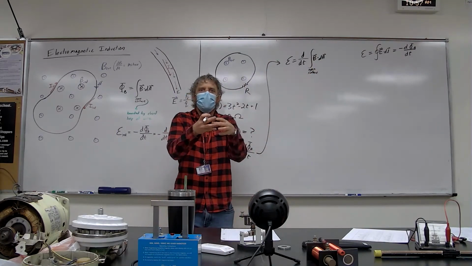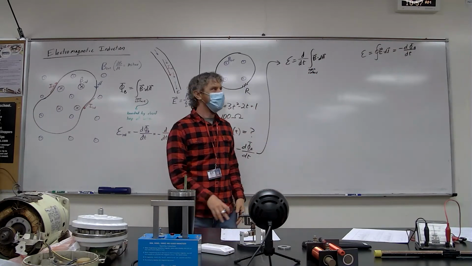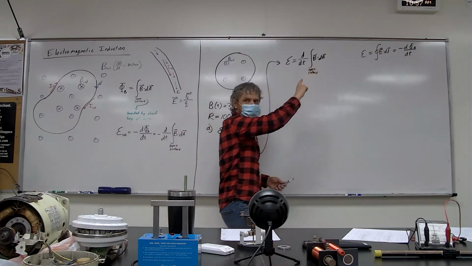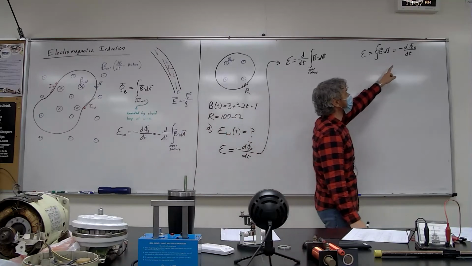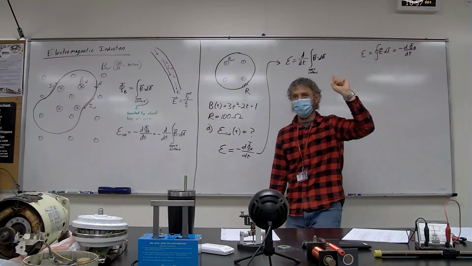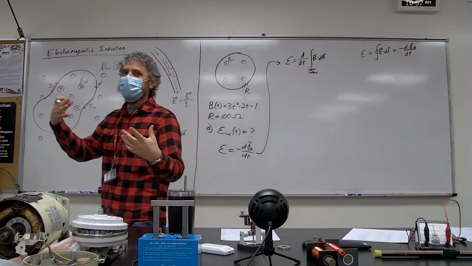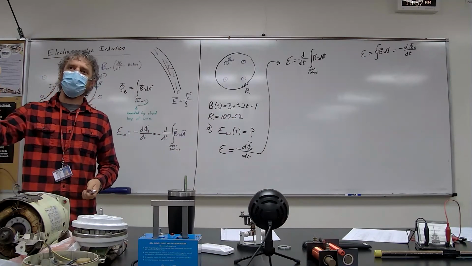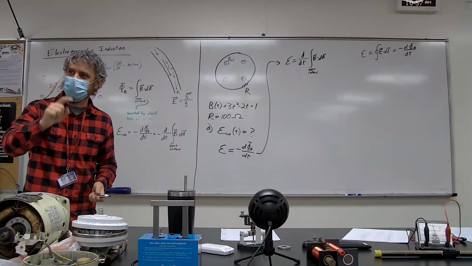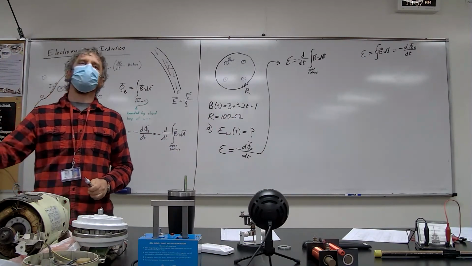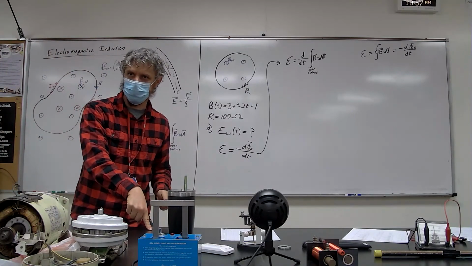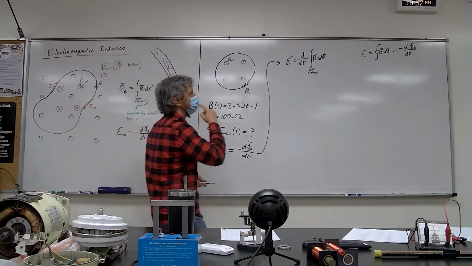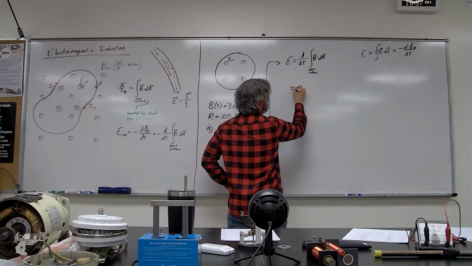So you handle them separately. I want an expression for the flux, because I want the derivative with respect to time of the flux. So I use the integral of B dot dA to determine an expression for the magnetic flux, and then I take the time derivative of that. Does that make sense? So I just leave the d/dt there for now.